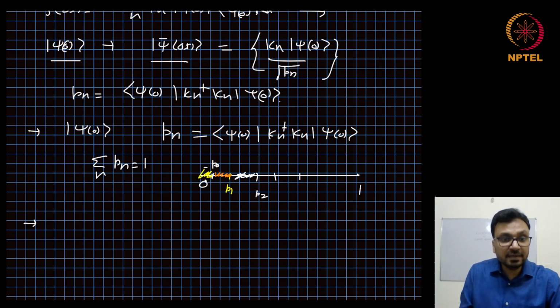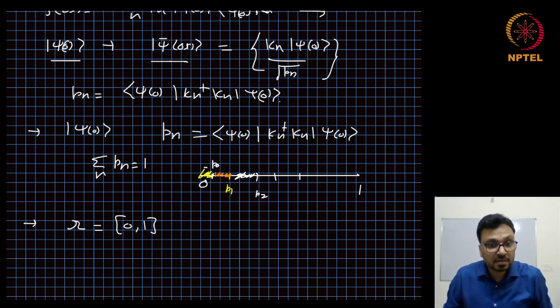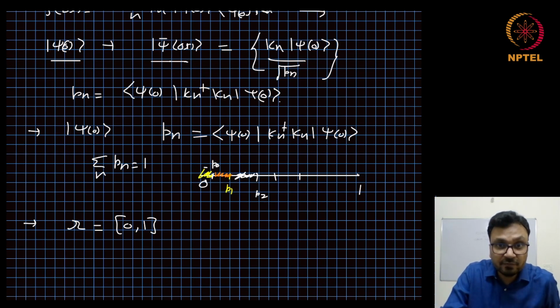Next, we find a random number R in the range 0 to 1, uniformly distributed. So we get a random number between 0 and 1 uniformly, and that random number will be somewhere on this line.